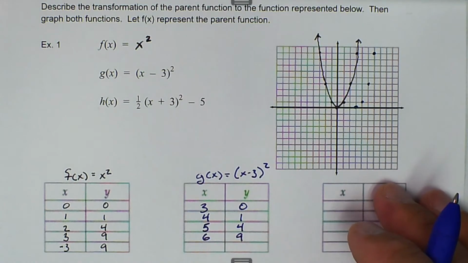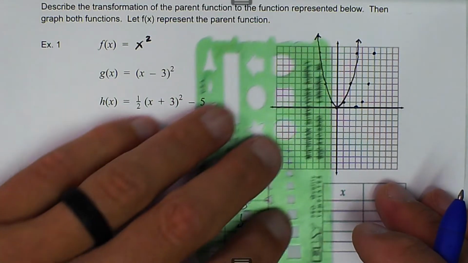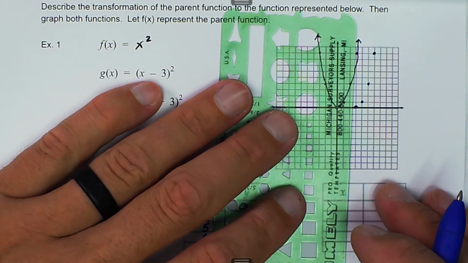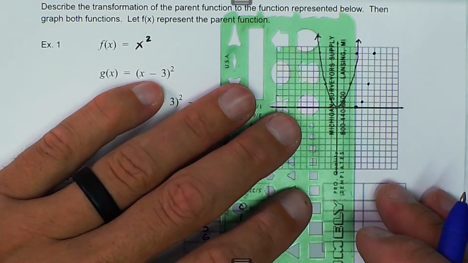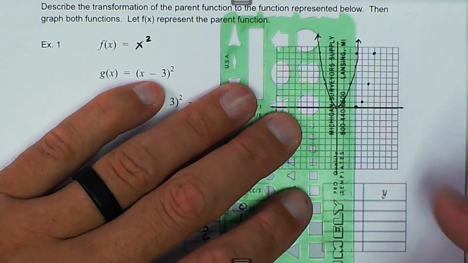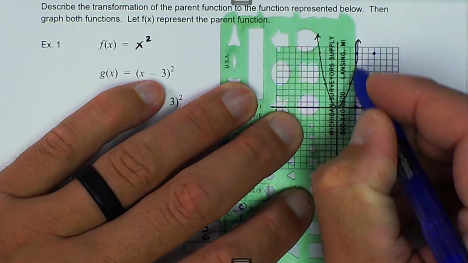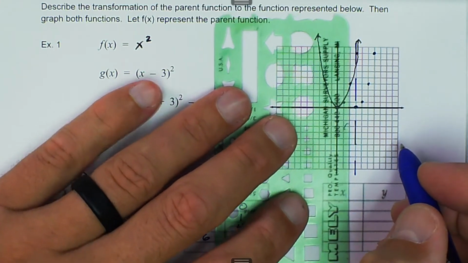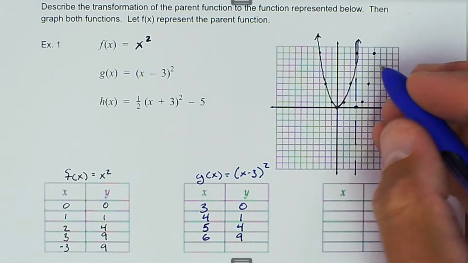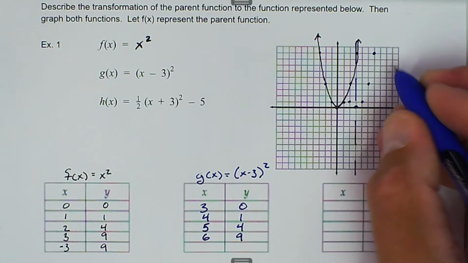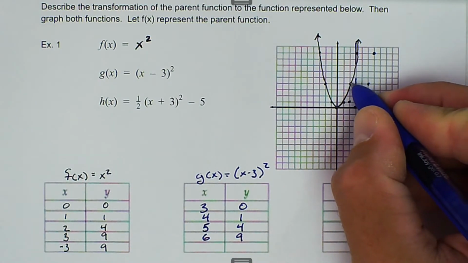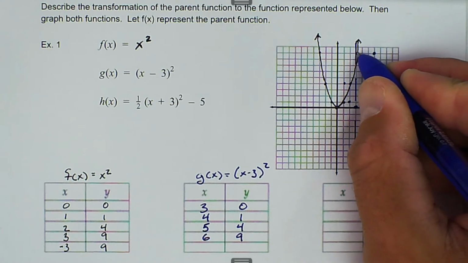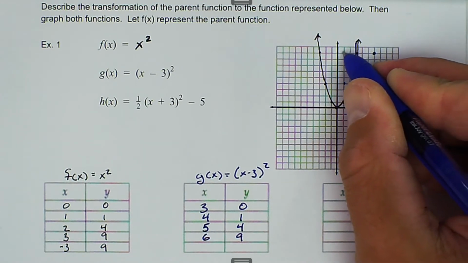And then the nice thing about a parabola is once we have one side figured out, then we have the other side figured out as well. So we can draw our axis of symmetry. And then we can plot the other half of the parabola. 1, 2, 1, 2. 1, 2, 3, 1, 2, 3.